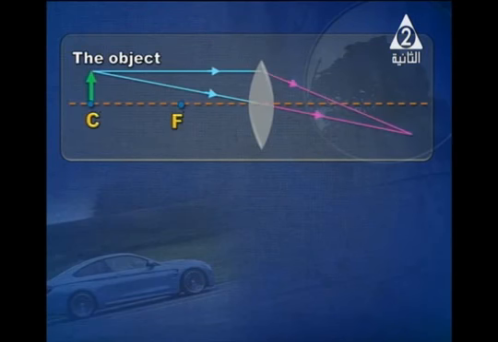The third case, when the object is placed at the center of curvature. This object will send 2 light rays, the first parallel to the principal axis, which will refract passing through the focus, while the second light ray will pass through the optical center, so there is no refraction. These 2 refracted rays will intersect under the point of C, so the image is formed.